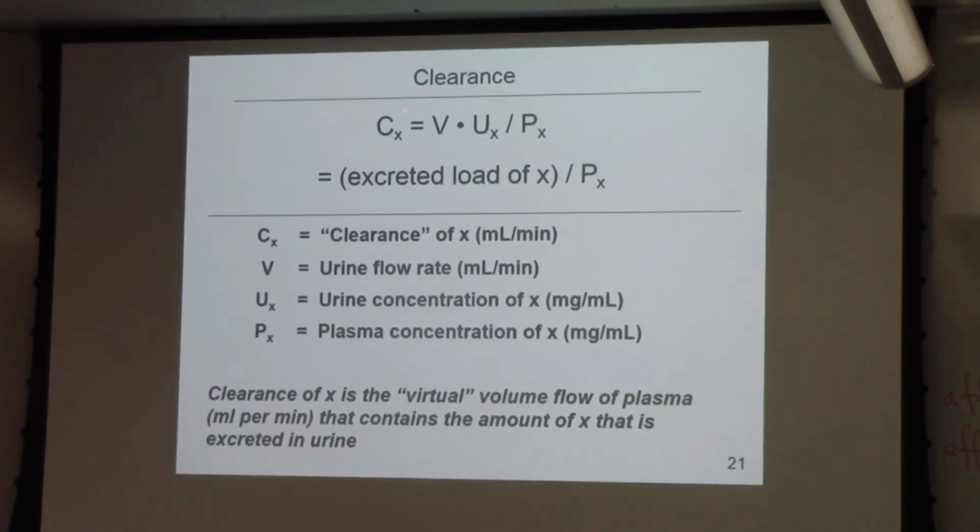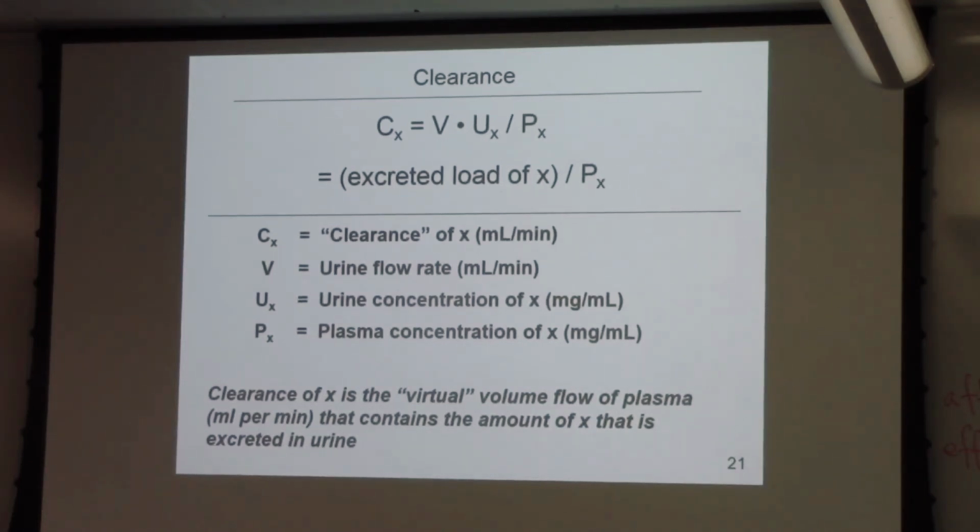But the way you calculate it is you take the excreted load of the substance that you want to calculate the clearance of. The clearance of substance X is the excreted load of substance X divided by the plasma concentration of substance X. That's an equation to know. I will ask you on a problem set to calculate stuff, and I'll ask you on an exam to set it up but not do the arithmetic.